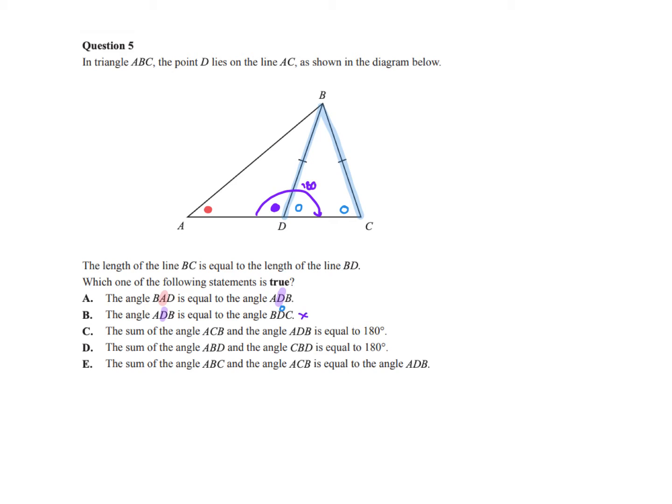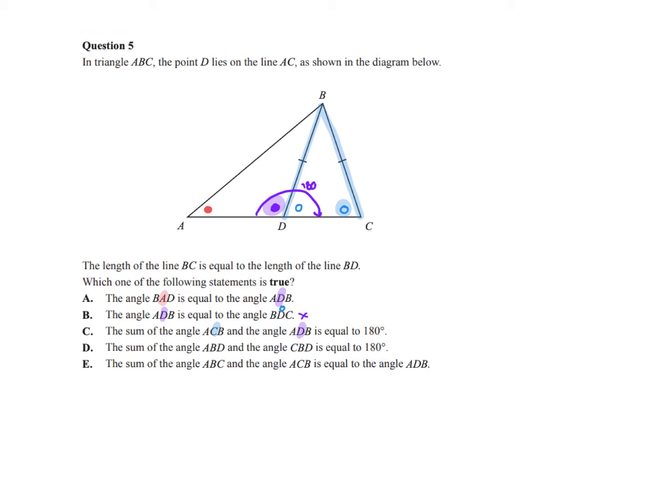Okay, let's have a look at the next one. So the sum of the angle ACB and ADB. So let's have a look at this one. ACB, so this angle here, and the angle ADB, the purple one here, is equal to 180.